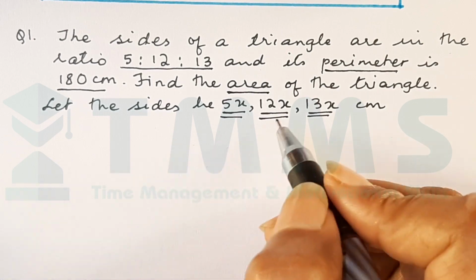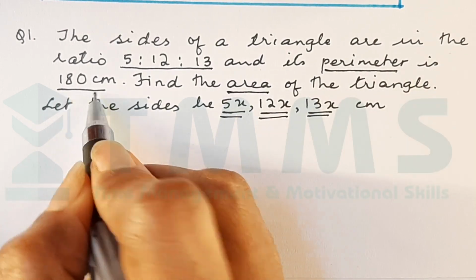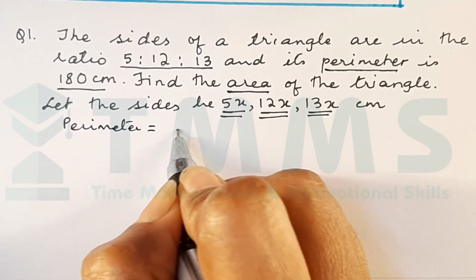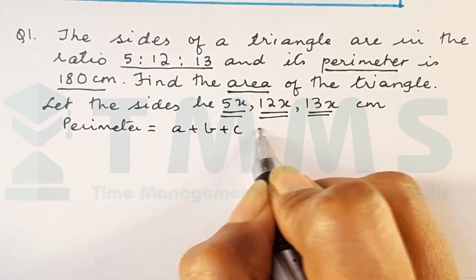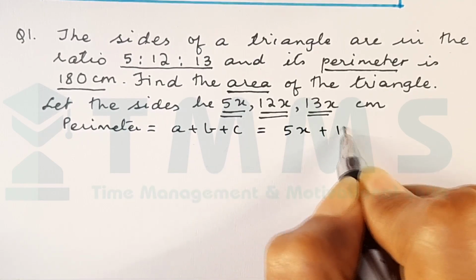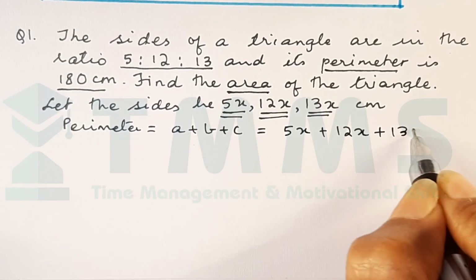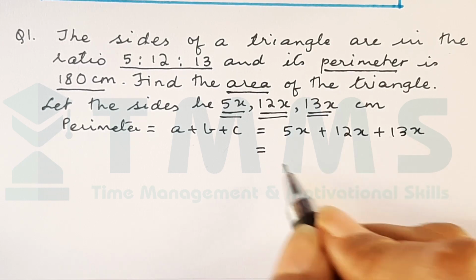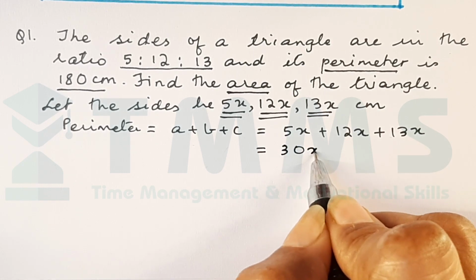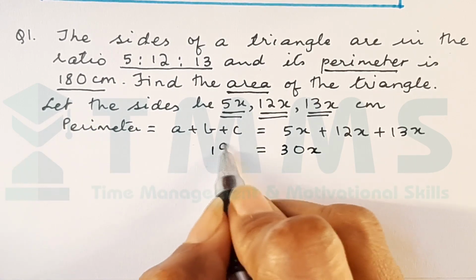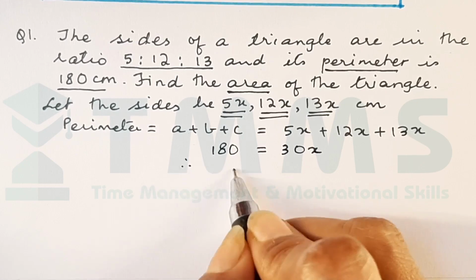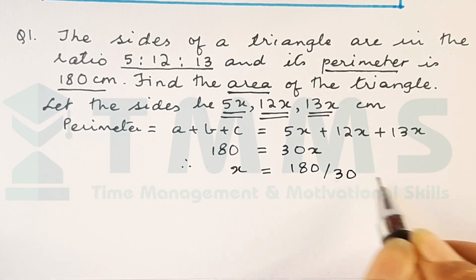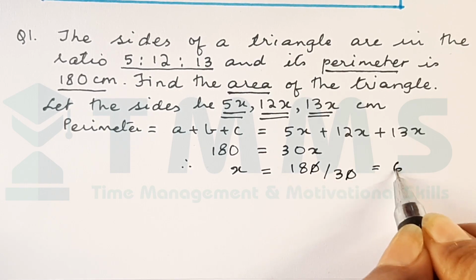Alright, so now that we understood, perimeter also has been given. So we'll write perimeter is equal to A plus B plus C, which means sum of all the sides. So we will write 5x plus 12x plus 13x. How much does that come out to be? 17 and 13, that is 30x. And this perimeter is 180 centimeter. And so therefore we'll have x is equal to 180 upon 30, which means 6.